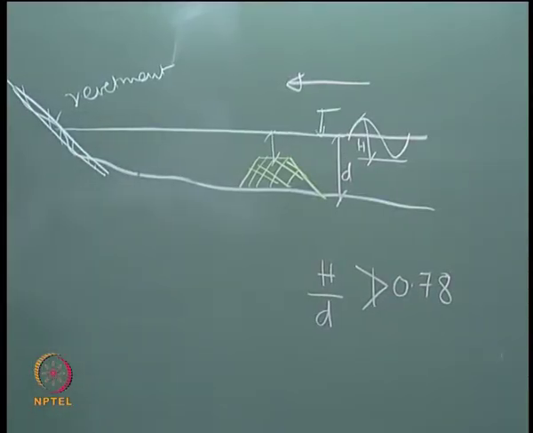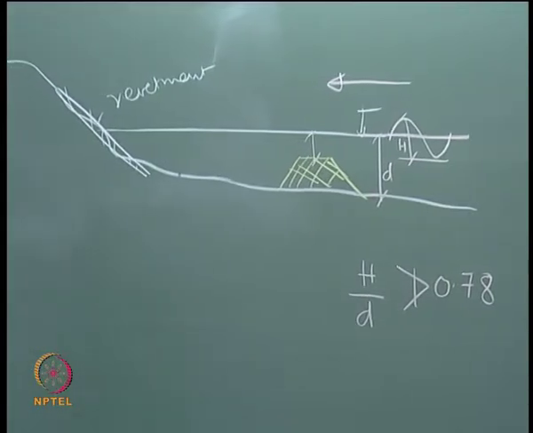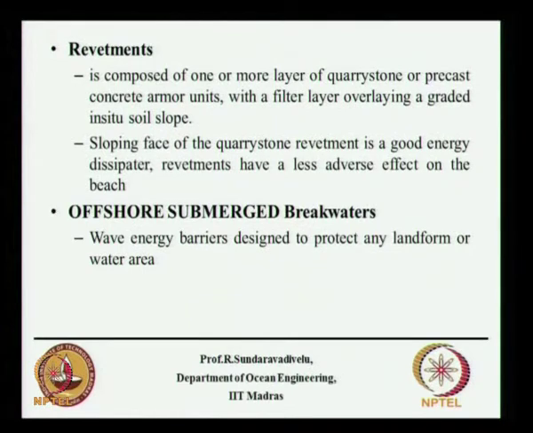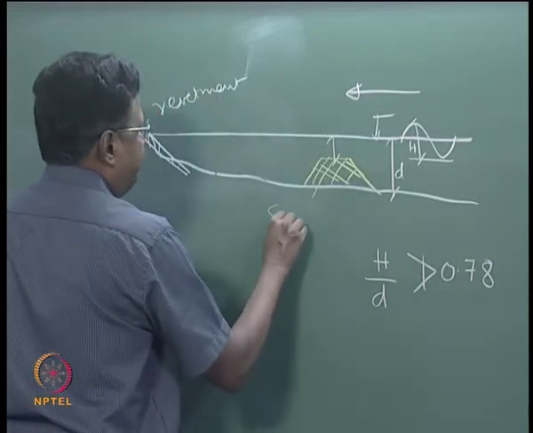And about the seawall there is a separate sketch that I will discuss. Now this is only for revetment as well as for submerged breakwater. This is called a submerged offshore breakwater.